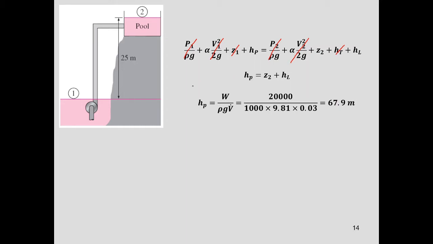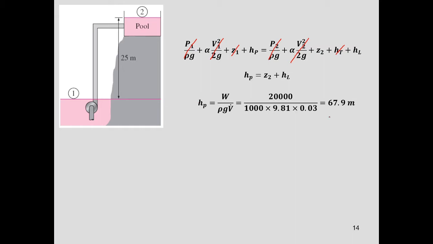For the pump head, you can just search on Shopee or Lazada or anything, and you can see that the parameter given for any commercial pump is the pump head. This is where the pump head comes from.